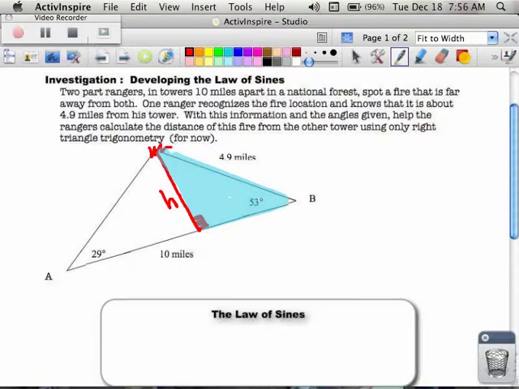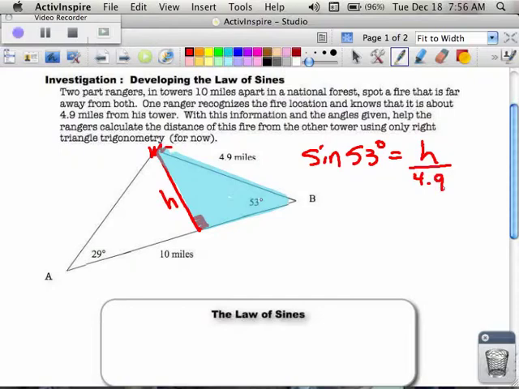I'm looking for the side that's opposite to that angle, and they give me the hypotenuse. And yesterday with SOHCAHTOA, we learned that when we have an angle, opposite, and hypotenuse, we use sine. So I know that the sine of that 53-degree angle will be equal to the opposite side, which is H, over the hypotenuse, which is 4.9.